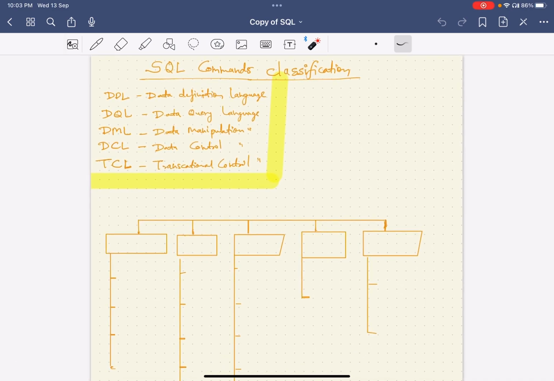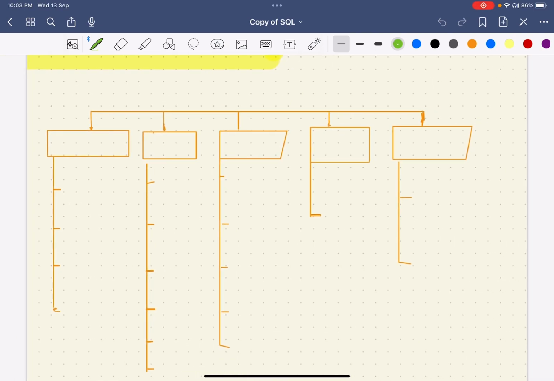If we classify our SQL commands, they are based on five types: DDL, data definition language; DQL, data query language; DML, data manipulation language; DCL, data control language; TCL, transaction control language. So we have different commands to use our database, to manipulate, to control our datasets, and to retrieve our datasets.